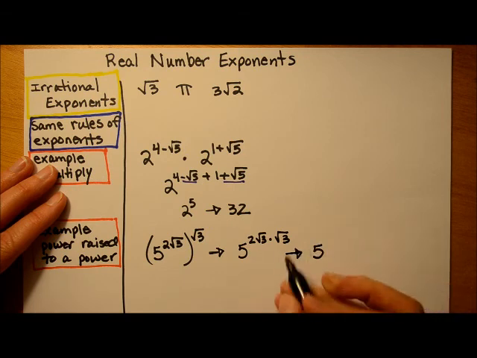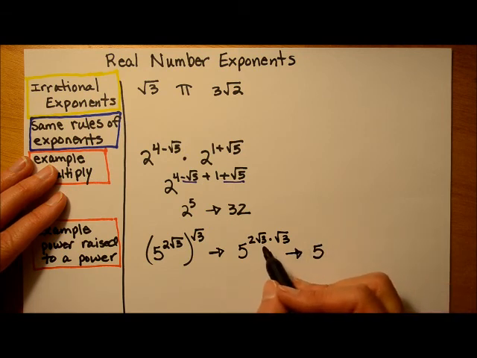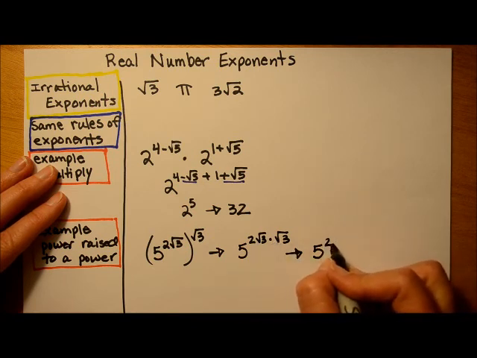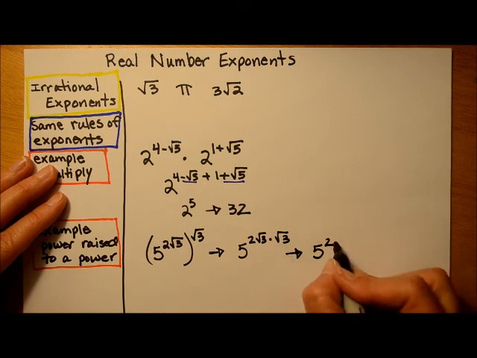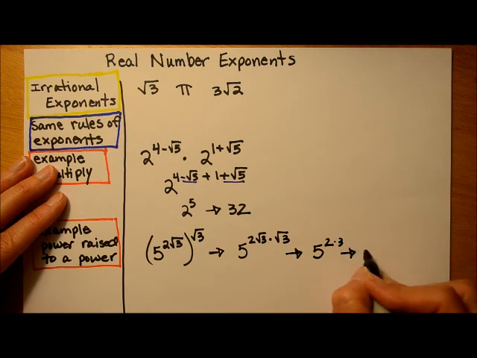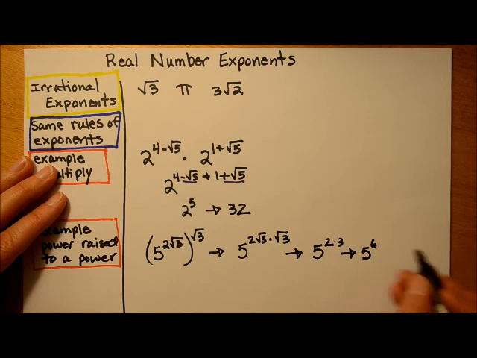Multiply the outside numbers together: 2 times 1 is 2. Multiply the radicals together: square root 3 times square root 3 is square root 9, and the square root of 9 is 3. So 5 to the 6th, and with a calculator we figure out that it's 15,625.